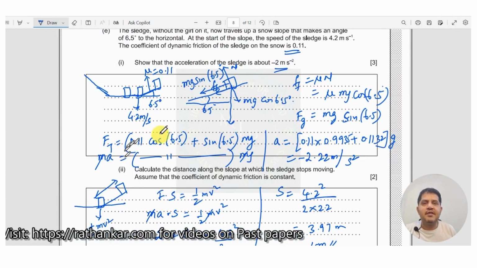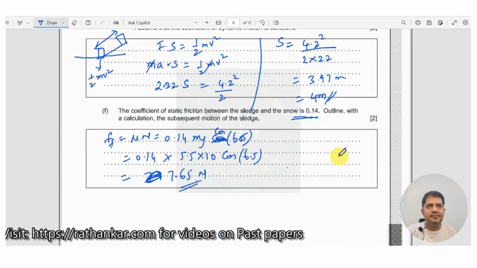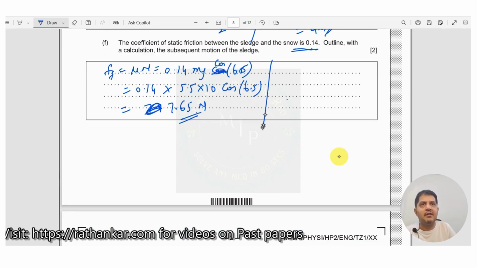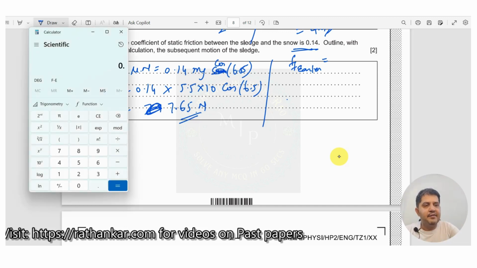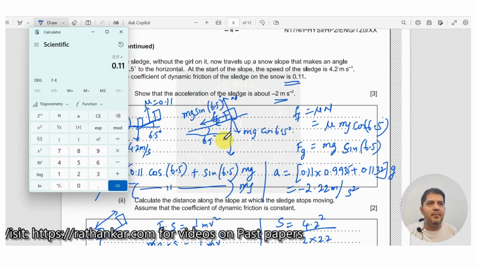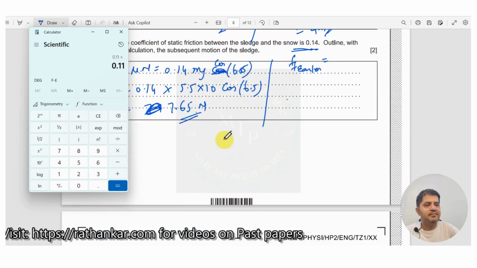Now let me compare this with the old one, whatever we got earlier. What was the frictional force earlier? Let me write F_f earlier is equal to 0.11 times 0.9935. When I do this, I get 0.109.